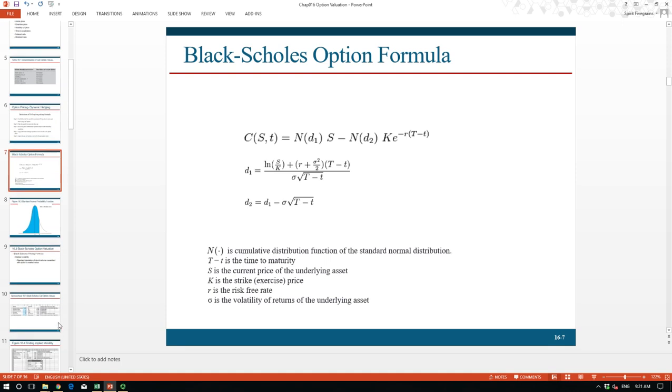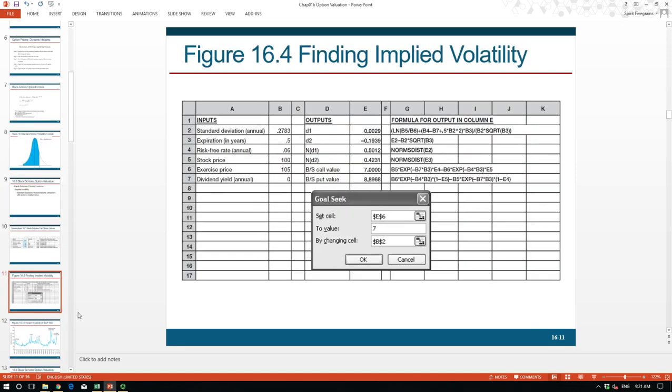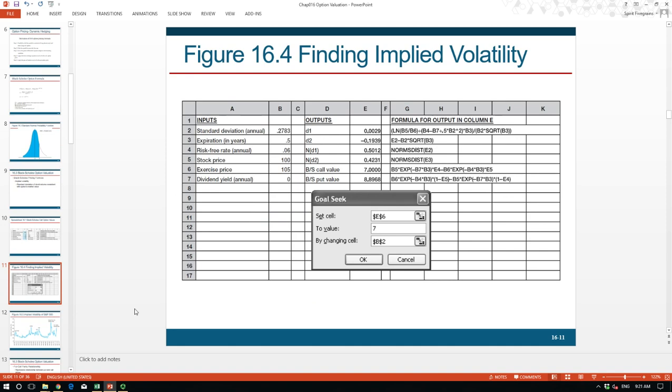And on the market, people actually utilize the Black-Scholes formula in the opposite way. Because in the market, we can observe the option price. Given we know the 4 other factors, we can actually calculate the volatility.